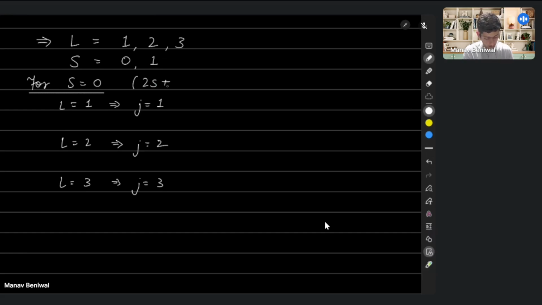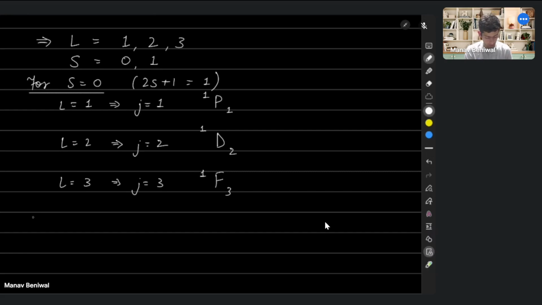So 2S plus 1 is simply 1, and this is the multiplicity, so this is 1 for all the cases. L equals 1 means P, so 1P1, then 1D2, and then 1F3.